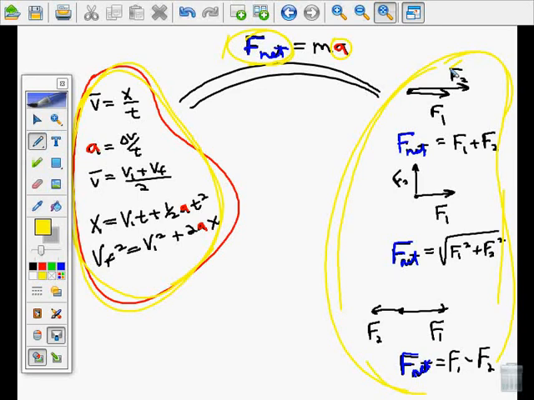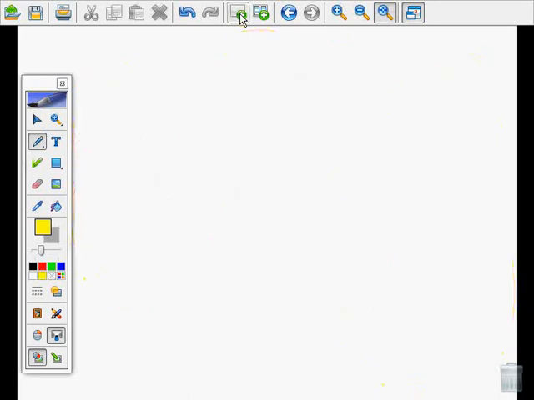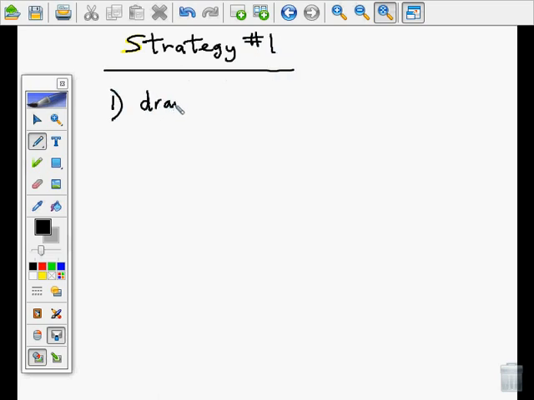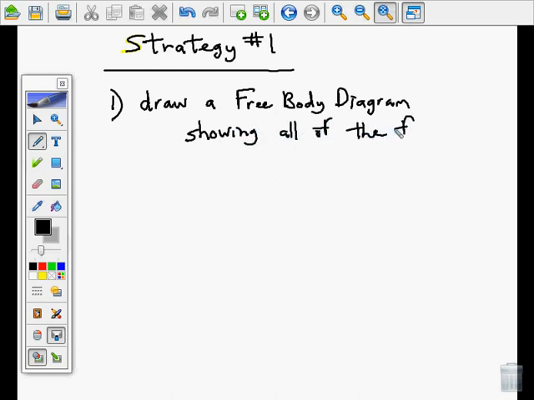So one of the biggest strategies, if you're looking at a problem and you're trying to figure out how to do it: strategy number 1, draw a free body diagram showing all of the forces acting on the object.